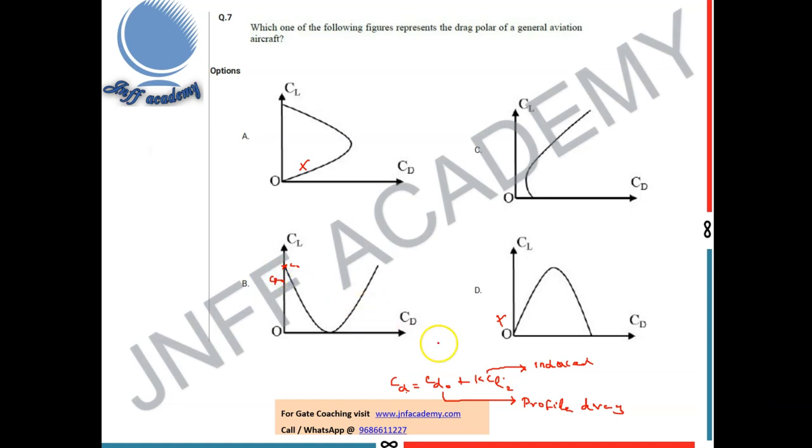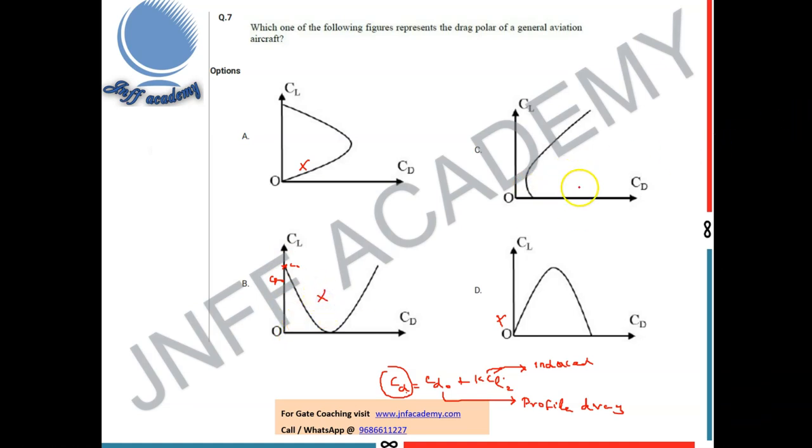That is also not possible. If there is a CL value, then obviously there should be a CD value, because CD is a combination of profile drag as well as induced drag. So whenever there is a CL value, you will get induced drag. Here this graph says that there is some CL value but no CD value, so this is also wrong.